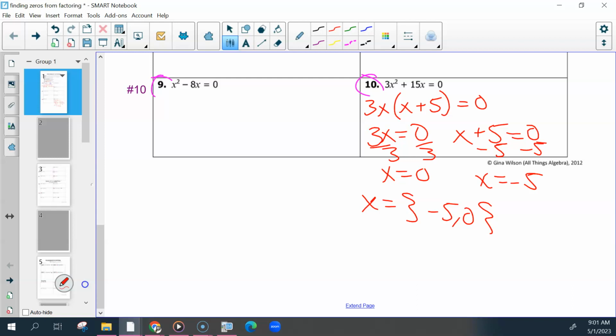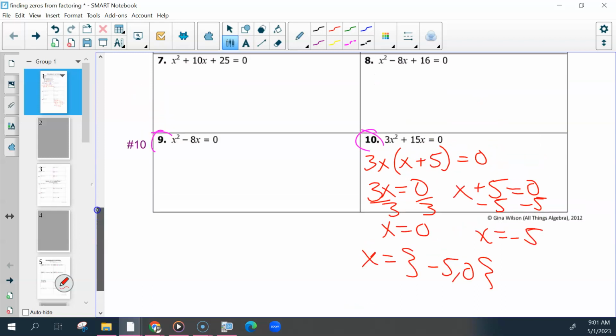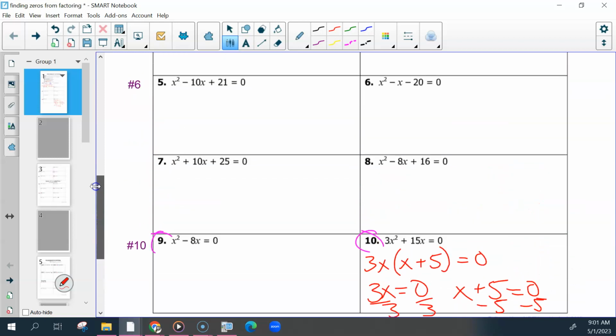Before we go on to the next page, look at 2 through 9. Are there any of those we want to go over? 6. So what's the rule for this one?